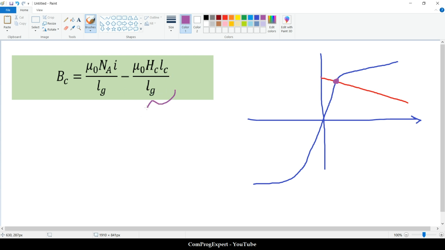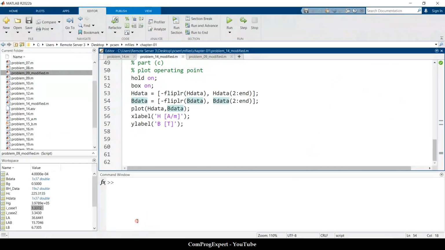We can rewrite this as B equal to negative K1 H plus K2. This is K2, right? So K2 is equal to mu 0 times N A times current.